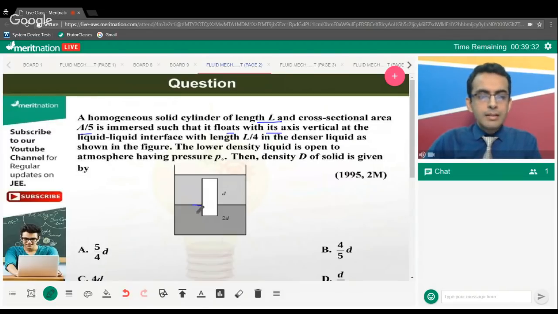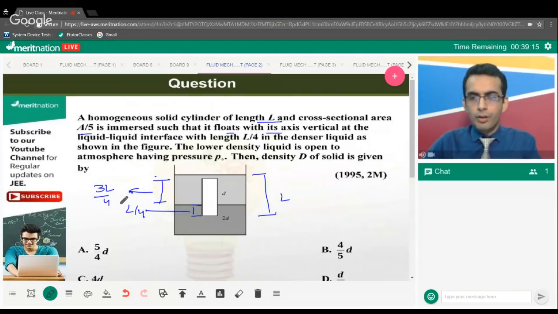The length in the upper liquid is L by 4, so the length in the lower liquid is 3L by 4. The upper liquid has density d and the lower liquid has density 2d. We have to find the density of the solid cylinder.